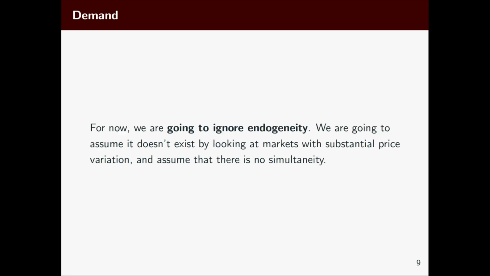But again, for now, we're going to ignore the endogeneity problem, pretend like it doesn't exist. We're going to try and at least minimize it, but we're going to look at markets with substantial price variation. And we're also going to just assume that there is no simultaneity. That's a huge assumption. It probably is not okay. But again, we're just going to start with this simple approach.